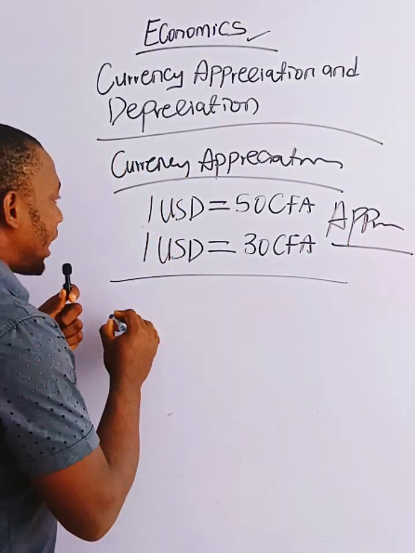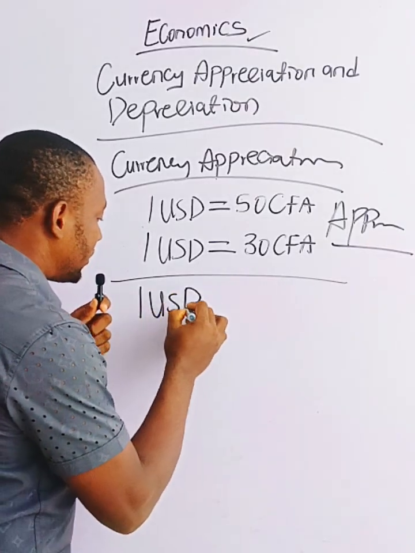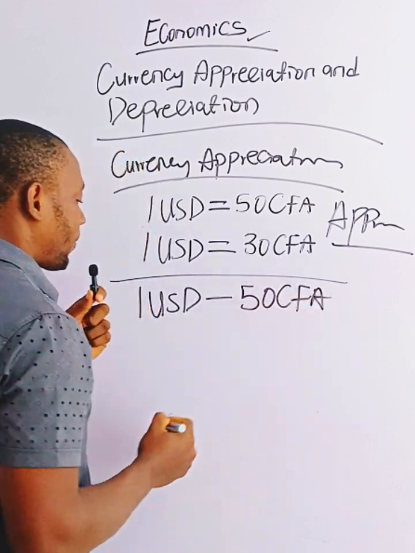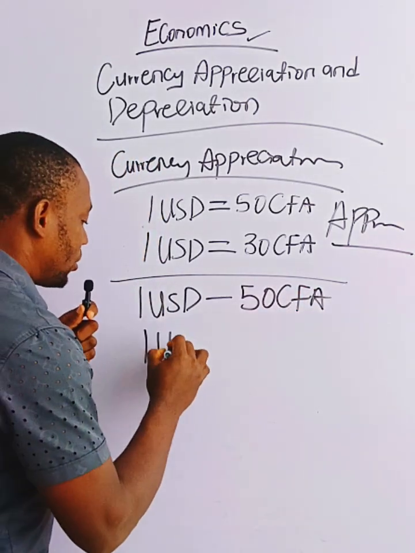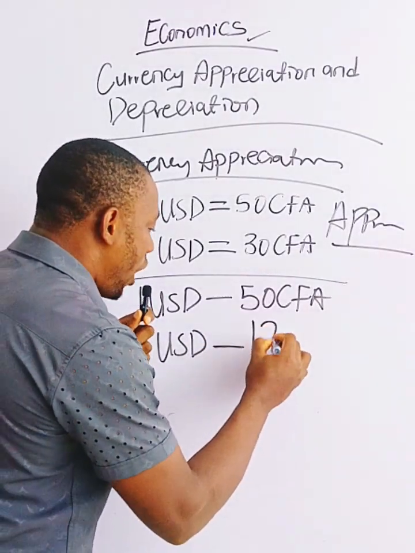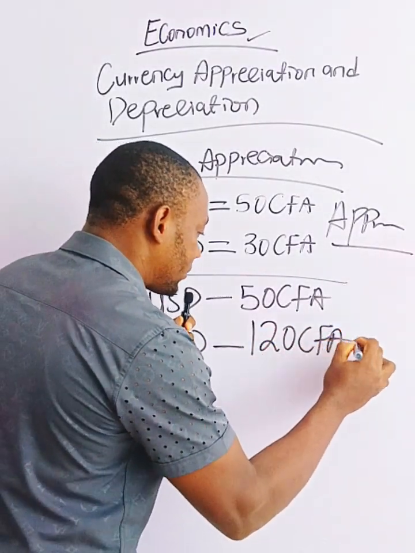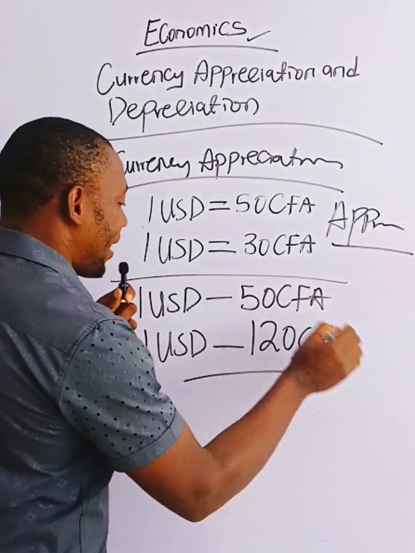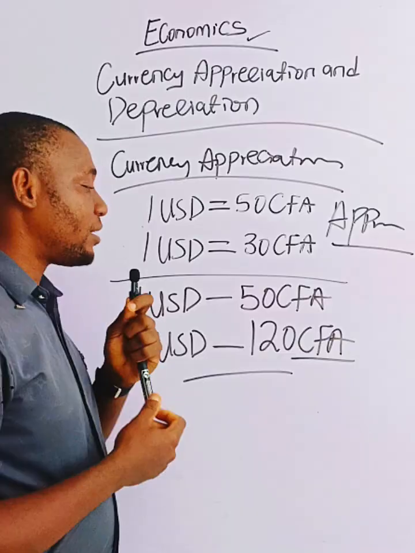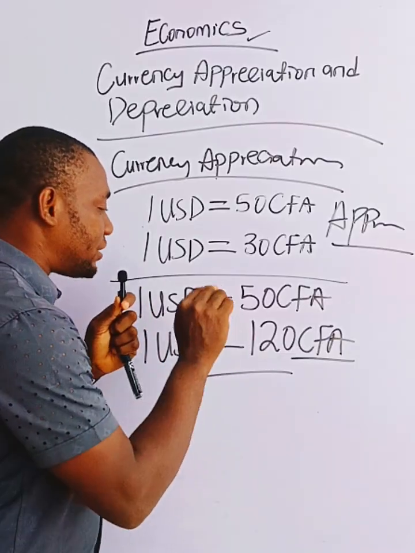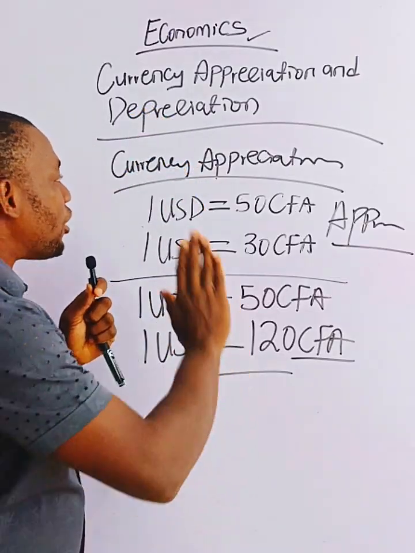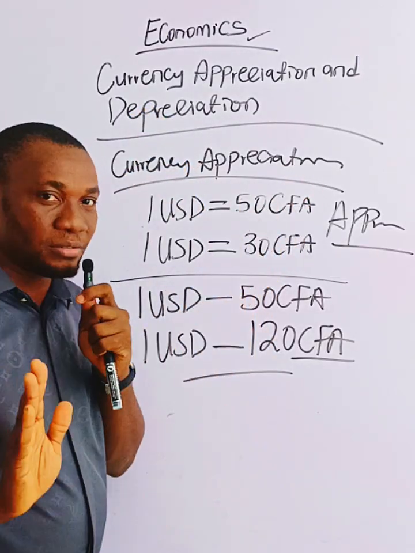Now, if $1 is 50 CFA today, after 2 days, $1 United States dollar becomes 120 CFA. What has happened to CFA? CFA has depreciated. It means that the value of CFA has decreased. This is just a practical explanation of currency depreciation and appreciation.